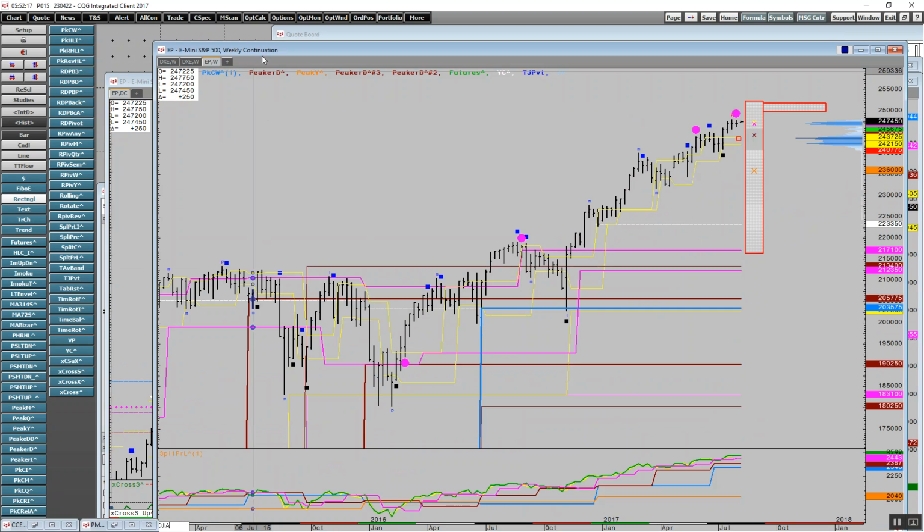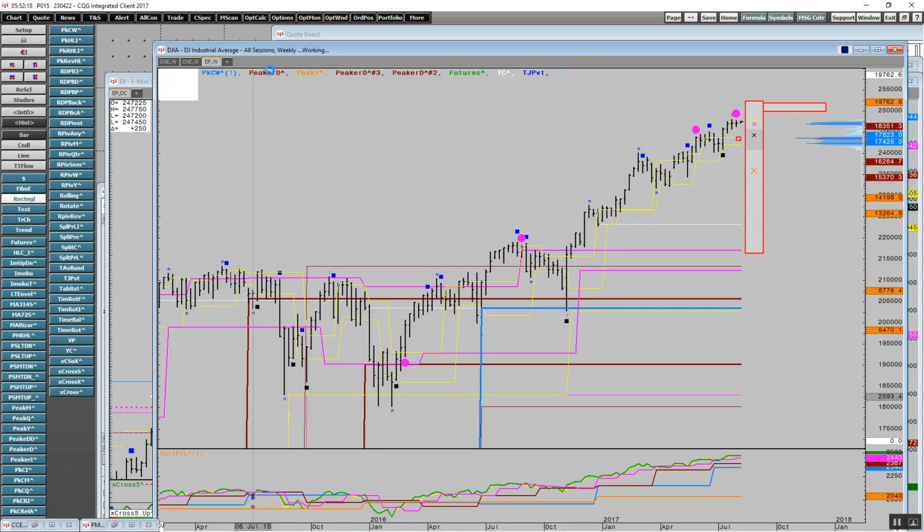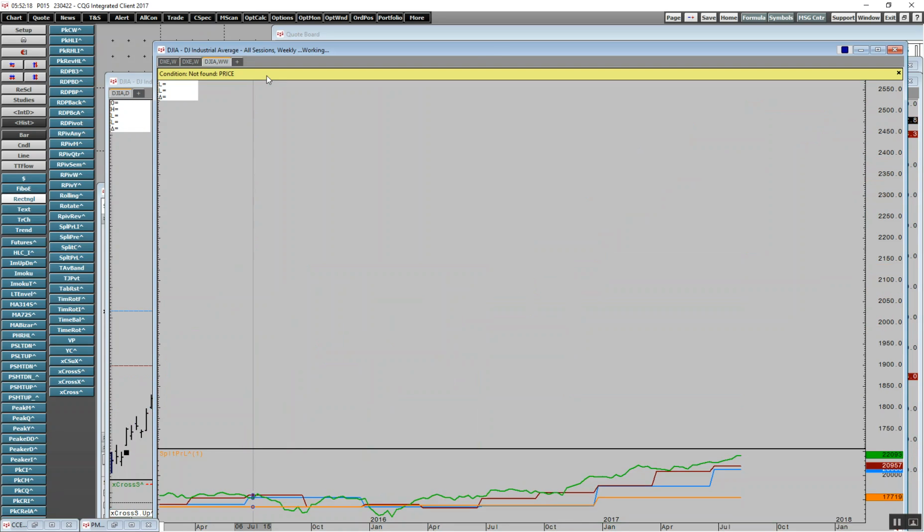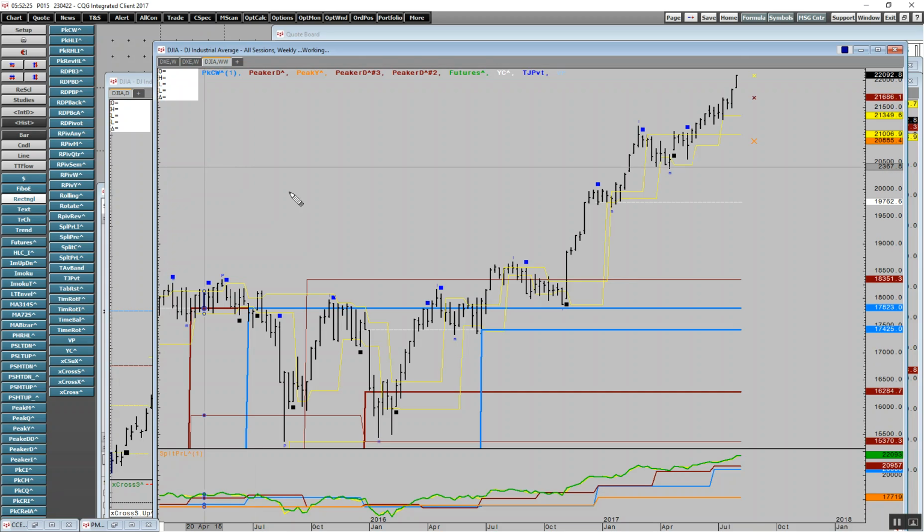Looking at the Dow, it actually had a close somewhat more bullish than the S&P 500 last month. It took out the monthly pivot on a closing basis. It's the same. Its supports are a long way away, and the market is still moving higher. There's an awful lot of talk of selling it.